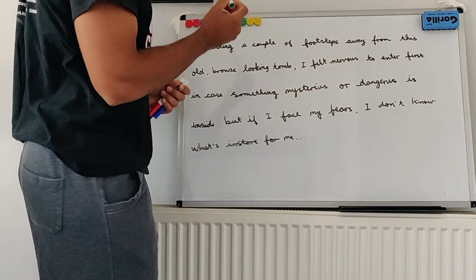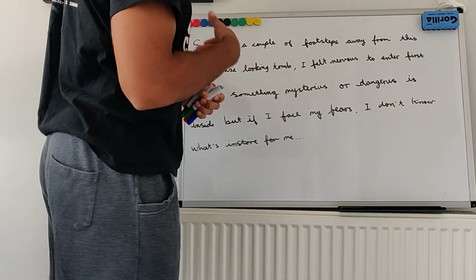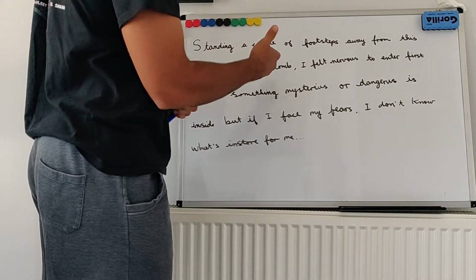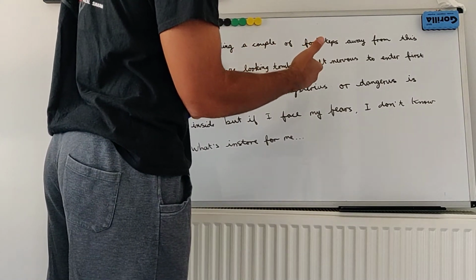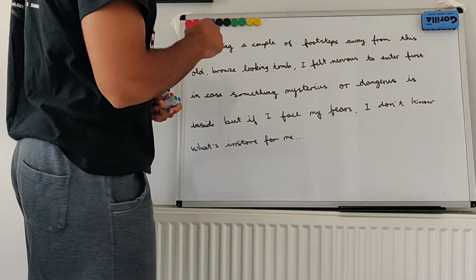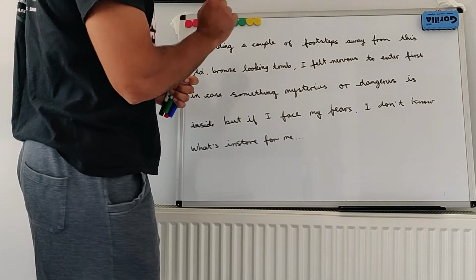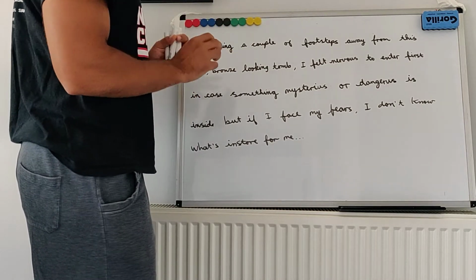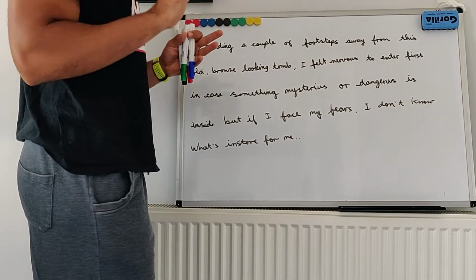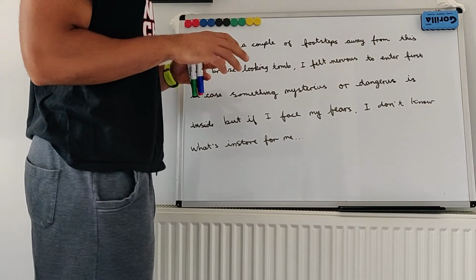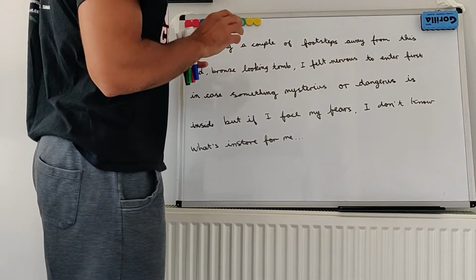Okay, so standing a couple of footsteps away from this old bronze looking tomb, I felt nervous to enter first in case something mysterious or dangerous. Okay, I know there's something off with mysterious and dangerous, and they have the same ending, but I don't think this is quite right.